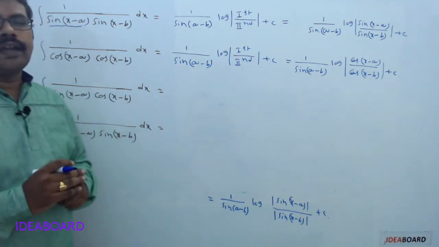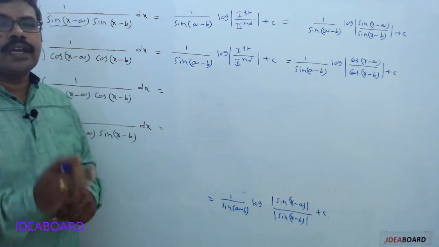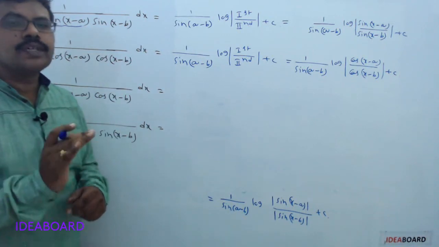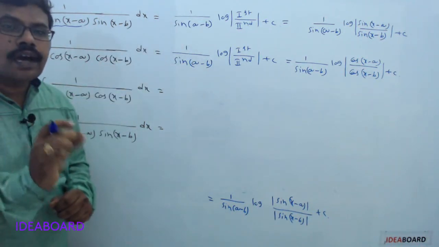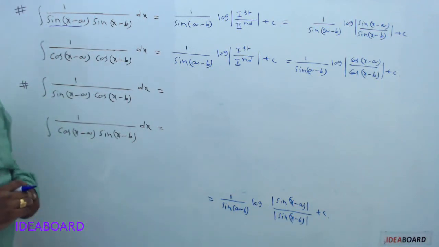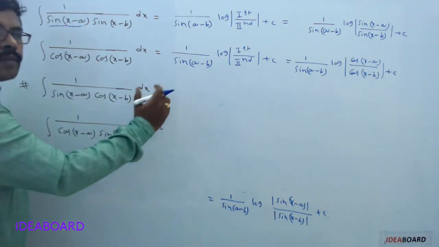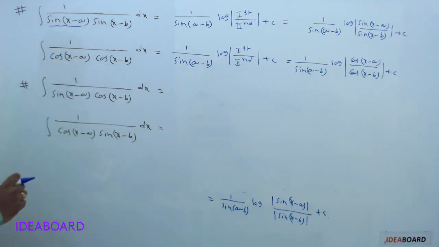So in your denominator, one is a cos function, another is a sine function. In such a case, the procedure will be dividing and multiplying with the cos of the difference of angles in the denominator.